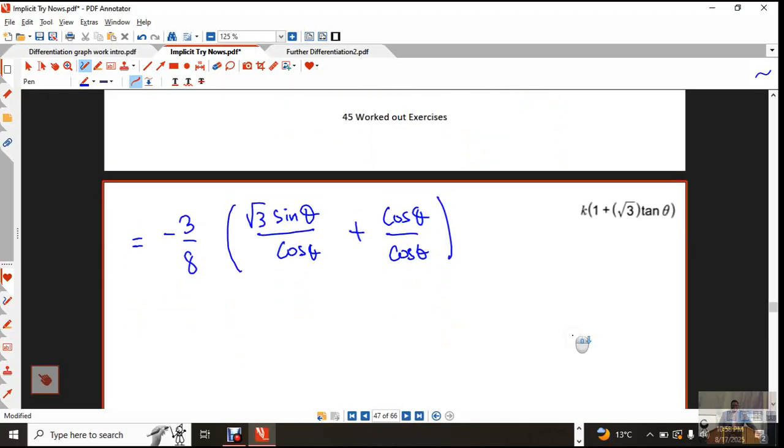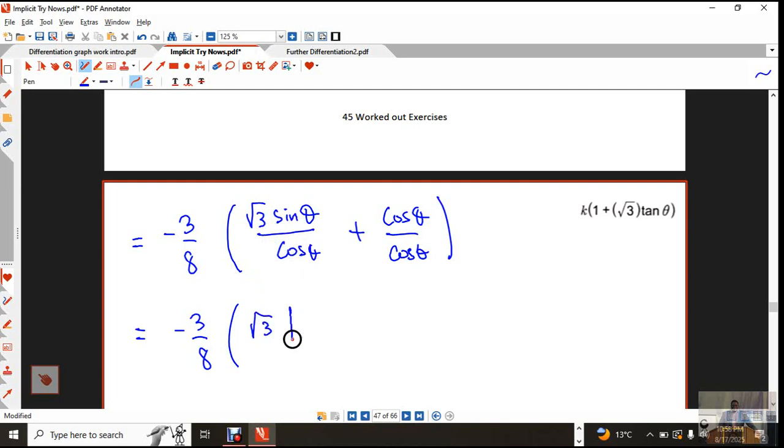Now if you go inside over here, you have negative 3 over 8, then you have the square root of 3, root 3.